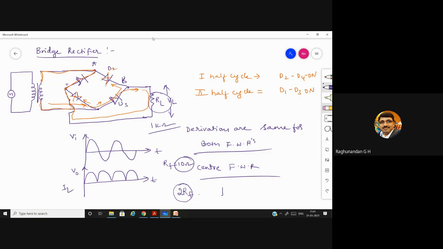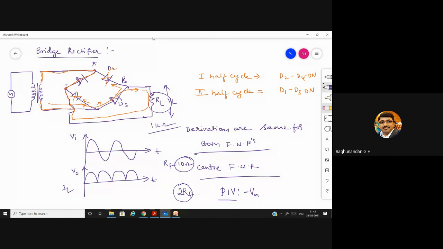And coming to PIV, this is very, very important. Many of them will get confused. The PIV will be just VM, not 4 VM or 2 VM. It will be just VM, that too minus VM because of reverse voltage. Why is it minus VM? Why is it not 4 VM?